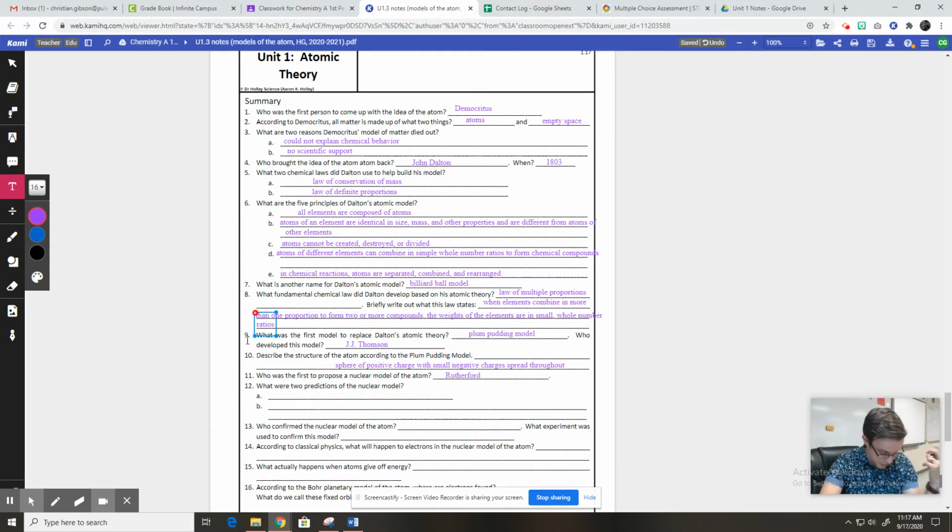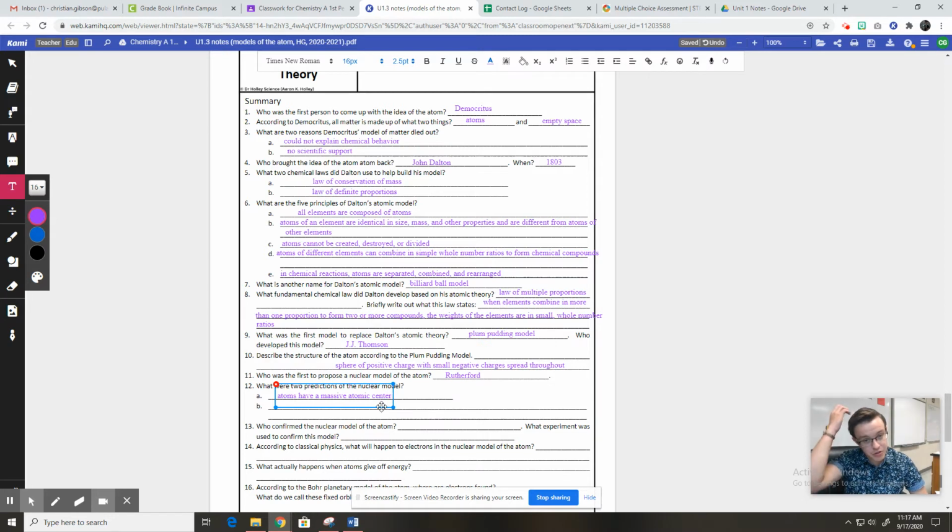Okay, and he had two predictions that he put into this model: that atoms have a massive atomic center. So there's some sort of center in the atom that holds a lot of mass, called the nucleus. And he also said that the electrons revolve around the nucleus.